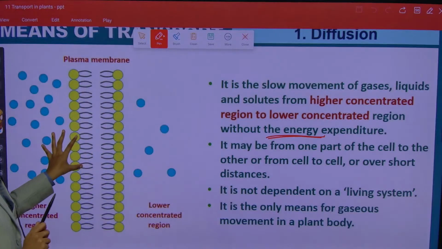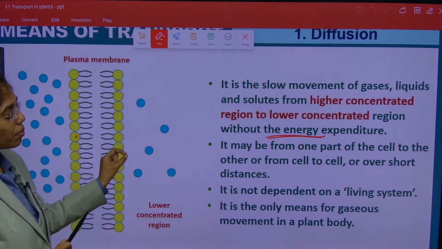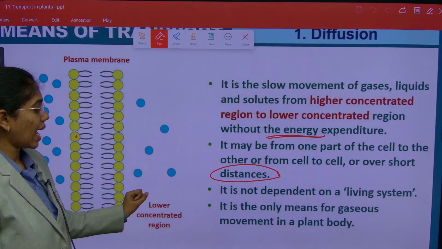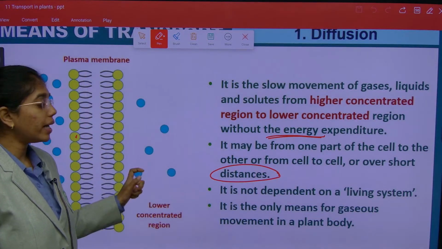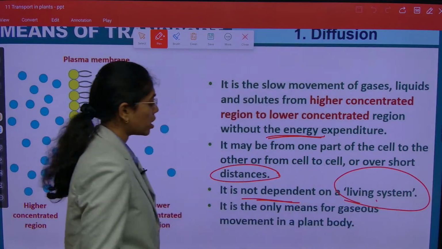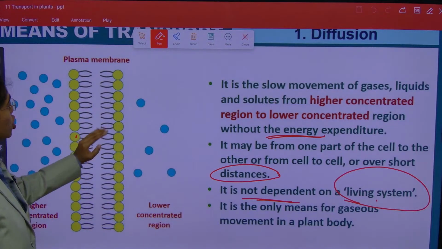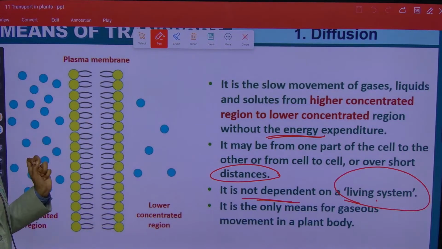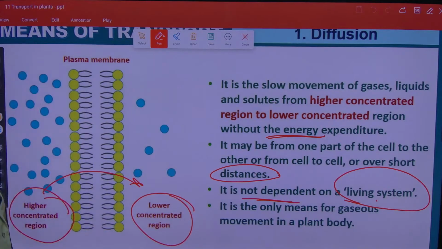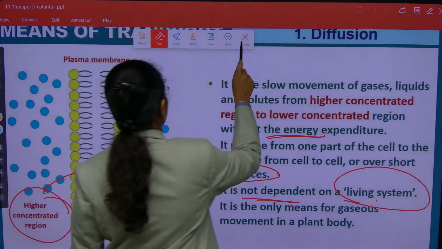It may be from one part of the cell to another part, or from cell to cell, or over short distances as well. This is not dependent on any living systems. It is the only means of gaseous movement all across the plant body. This is from a high concentrated region to a low concentrated region. Clear till here?